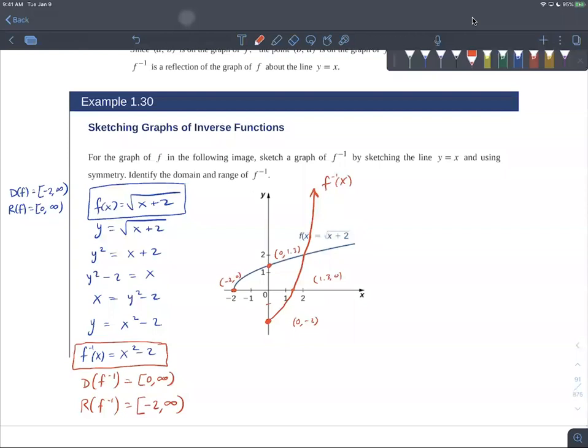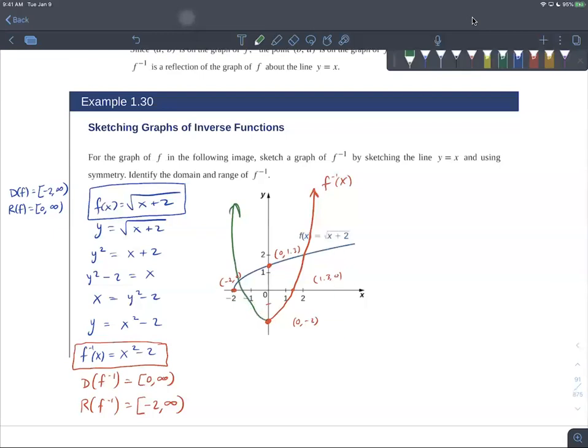Now, just to point this out here, why isn't it the full parabola? If it was the full parabola, well, first of all, this would not be 1-to-1, so it would not have an inverse function. But even say you could invert it, if you reflected this full parabola about the line y equals x, then the reflection would be this, which is not a function because it does not pass the vertical line test, right?